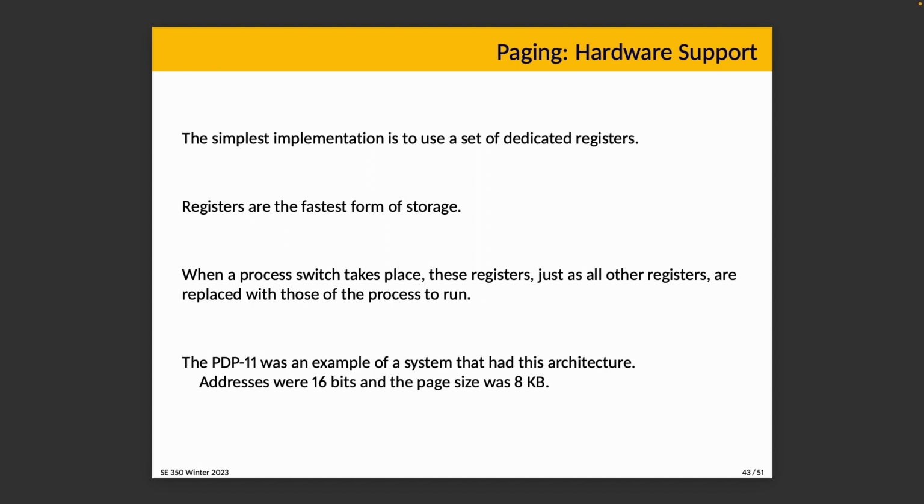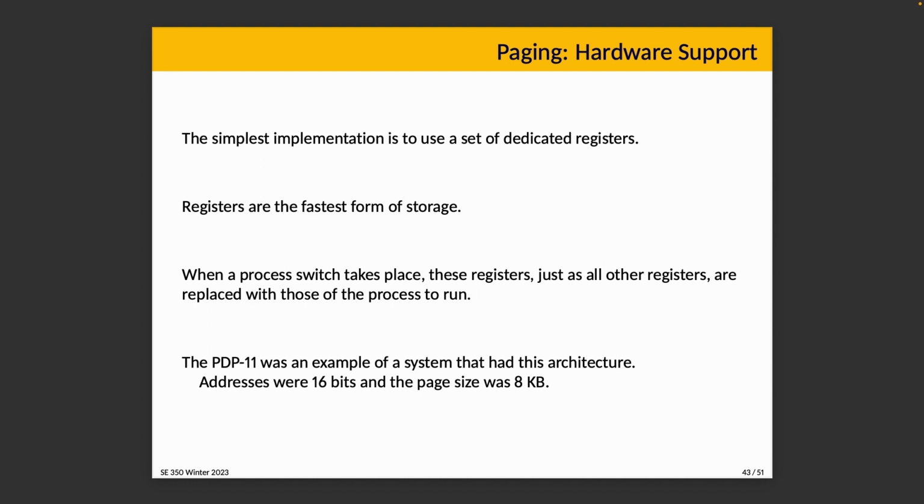Addresses were 16 bits and pages were 8 kilobytes, and yes, it was a very long time ago. Stretching back in ancient history to a time even before I was looking at any of this stuff, but it was a strategy, right? The page table was 8 entries. That was a manageable amount that you could keep in fast registers, and you wouldn't sweat it too much if you needed to dedicate some hardware specifically to that.